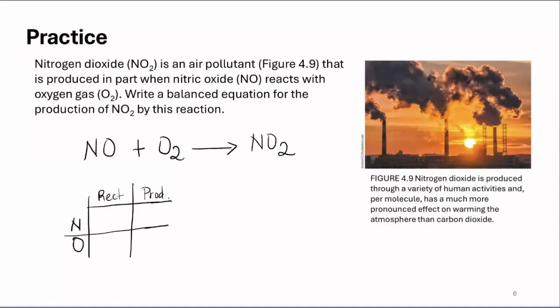When I look at the number of nitrogens in the reactants, I only have one. When I look at the number of oxygens, I have one here and I have two here, so there are 3 oxygens in the reactants. When I look at the product, I have also one for the nitrogen, and when it comes to the oxygen, I have 2 of them.